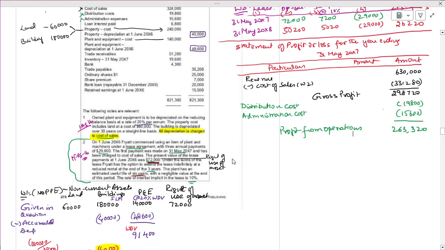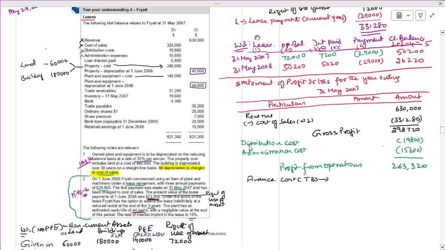Finance cost. A little bit of focus here, we are using the same method. How much is in the trial balance? Loan interest paid.